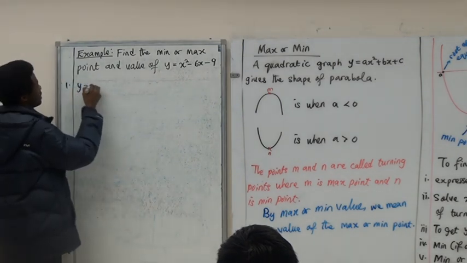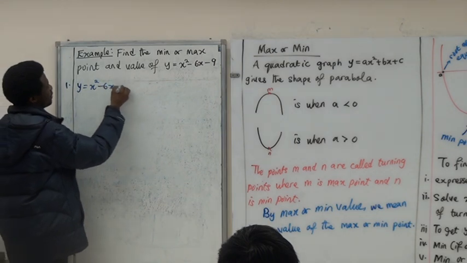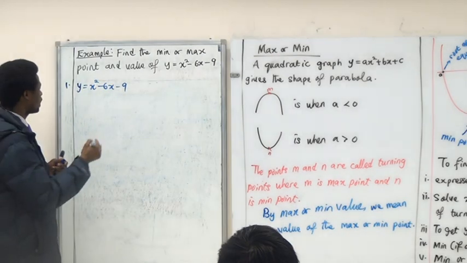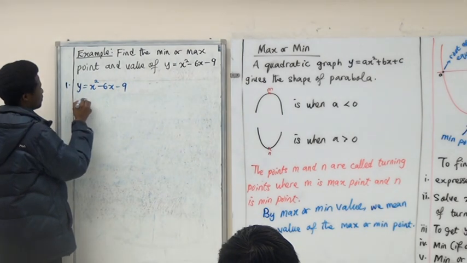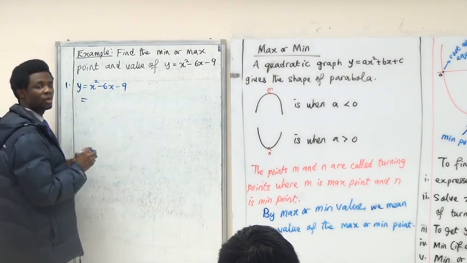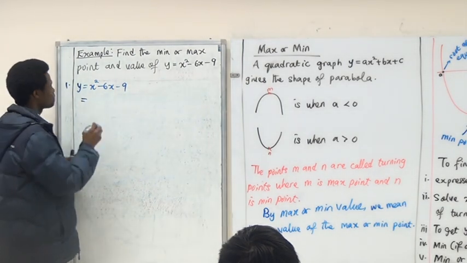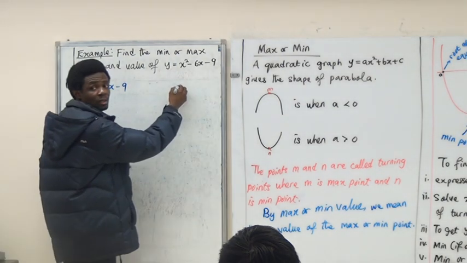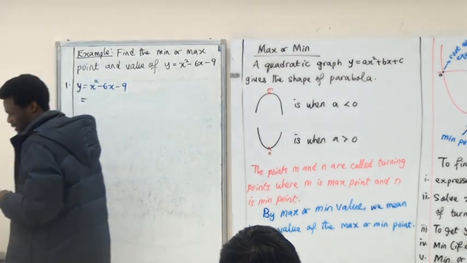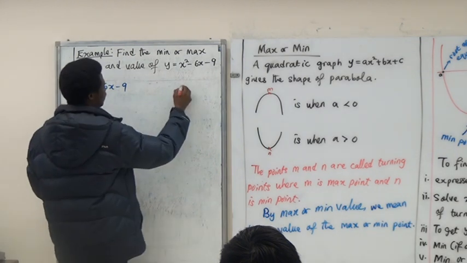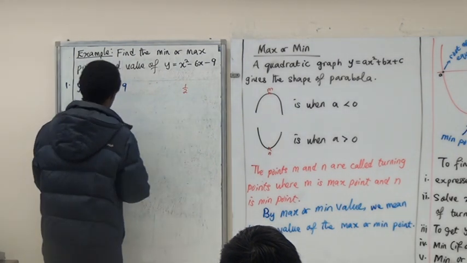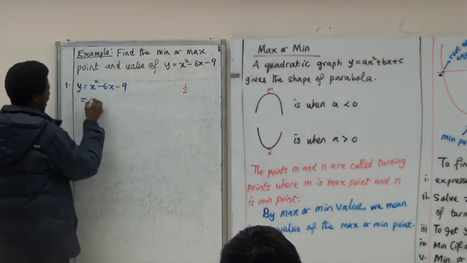So y equals x squared minus 6x minus 9. You remember this? How do we express it? What do we do first? Negative 6 times half. Do you remember that? Times half parts. Let's do it the way we were doing it in class. So we write this.